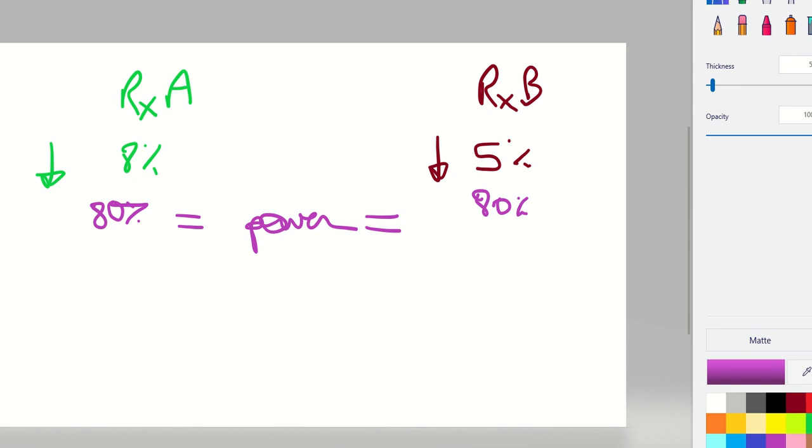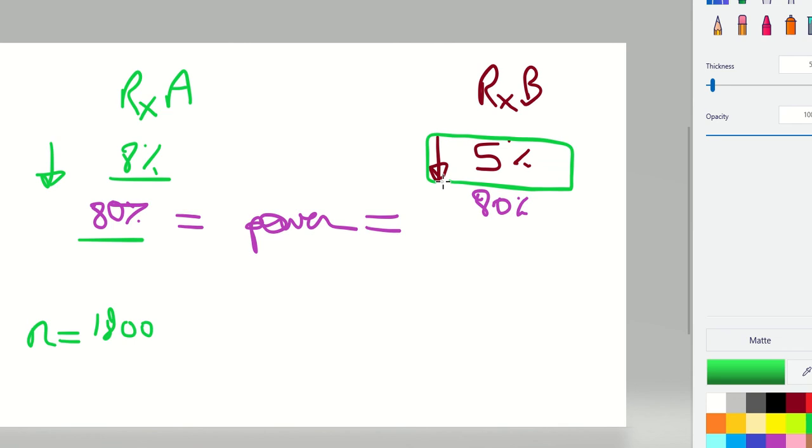And therefore, to reach 80% power with this effect size, your sample size needed, let's say, is 1800. Then here, because it's a smaller effect, a weaker effect, to be able to reach the same power as here, you would need a larger sample size. Okay, maybe 2400.